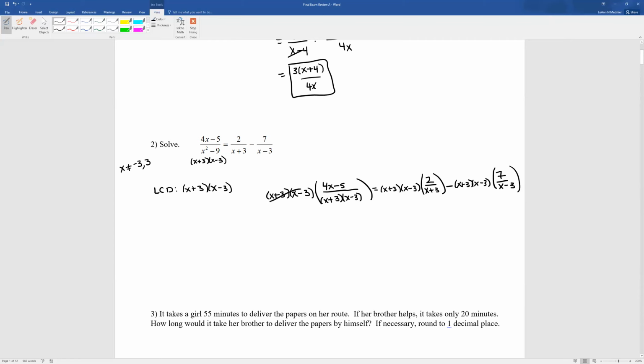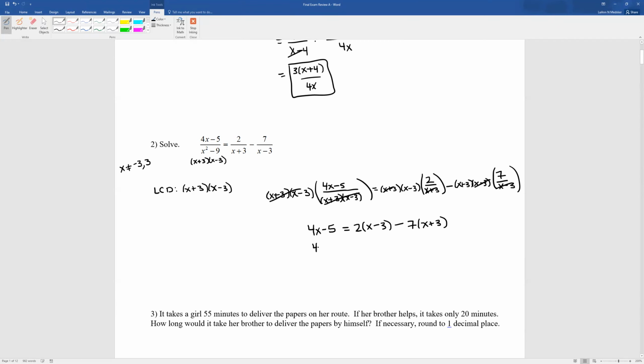This allows us to cancel out as we work from left to right. So the first one will just be 4x minus 5 because both parts of the denominator were there. And then it is 4x minus 5 equals, on the second term, we have an x plus 3 in common on top and bottom. So that's going to cancel out and leave me with a 2 times an x minus 3, which I will distribute on the next line. Minus, I have my x minus 3 is going to cancel in the last term, and that would leave me with a 7 and an x plus 3 times each other.